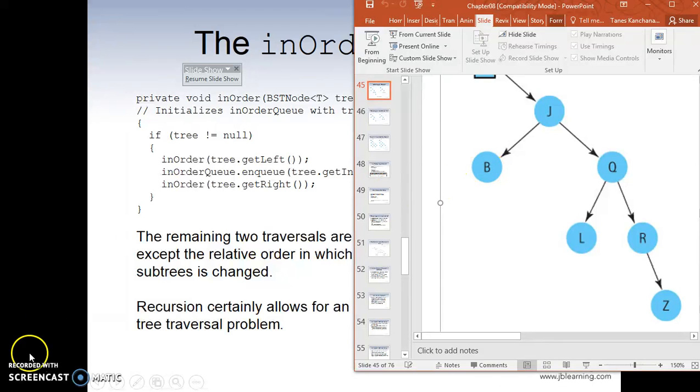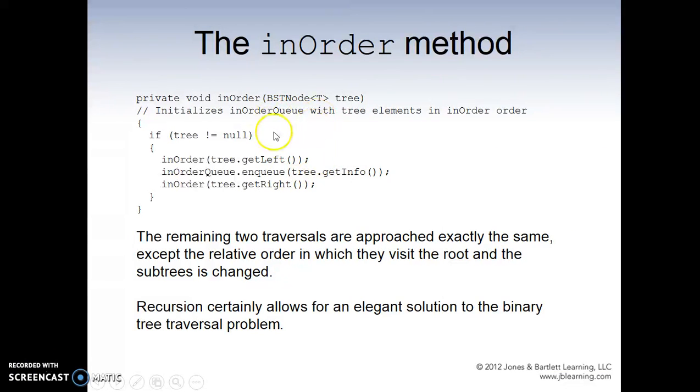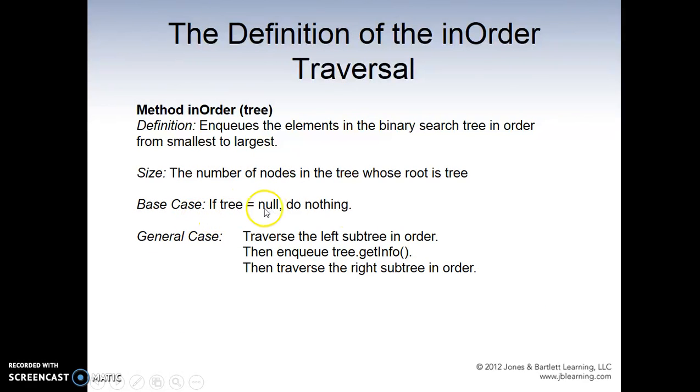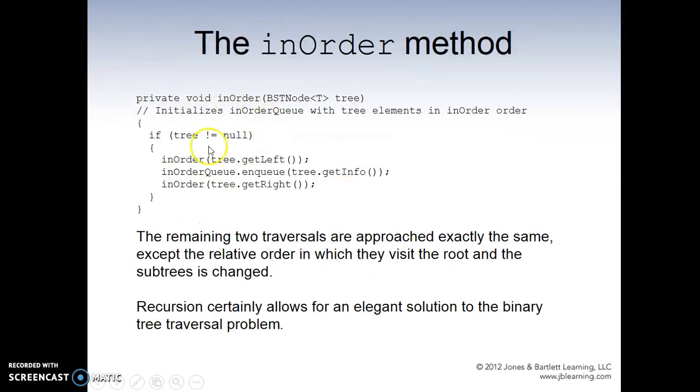Right? So since tree is null, the if tree not equal to null check fails, and at that point it's reaching the base case, right? It's not going to do anything. If tree is null, we do nothing, that's why we just do if it's not null.